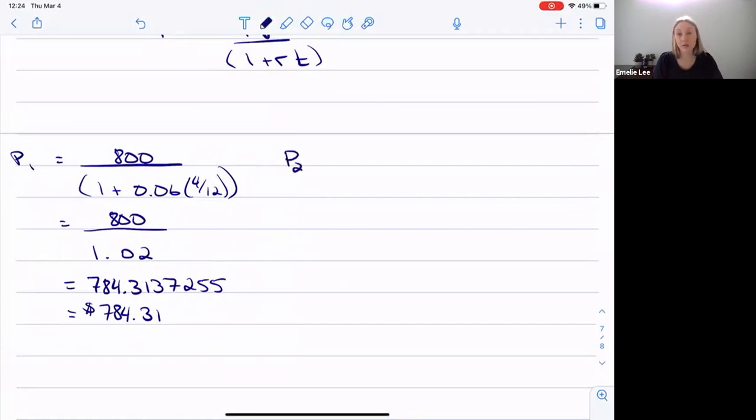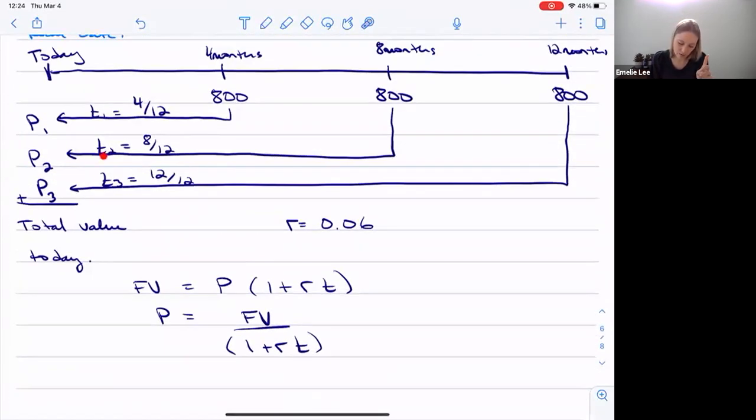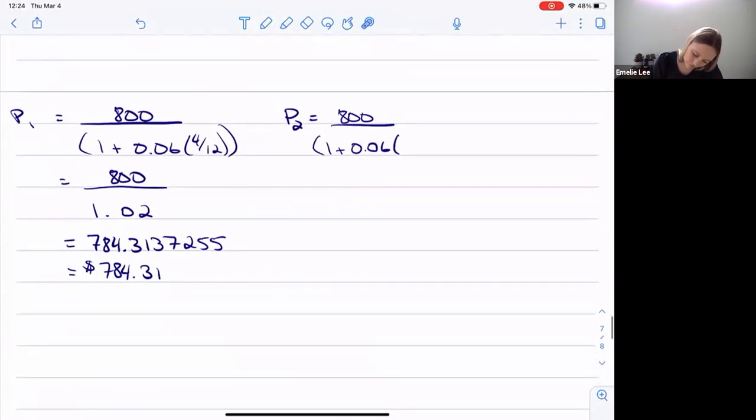So P2, and you're allowed to do the same, is 800 divided by 1 plus 0.06. So now we just do it all over again, 0.06 times, but remembering that the only thing that's changing for each of these is the time. So you want to make sure that you use the correct time, right? 8 over 12 in this case. Times 8 over 12.